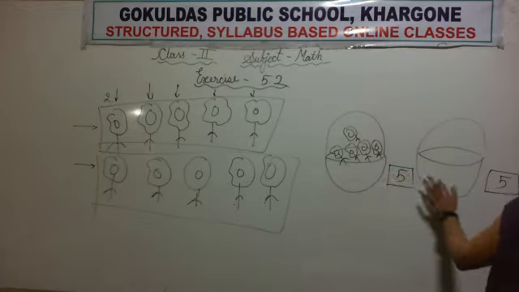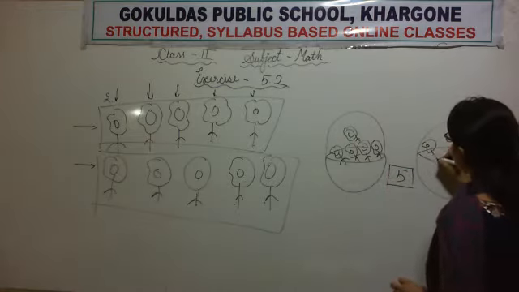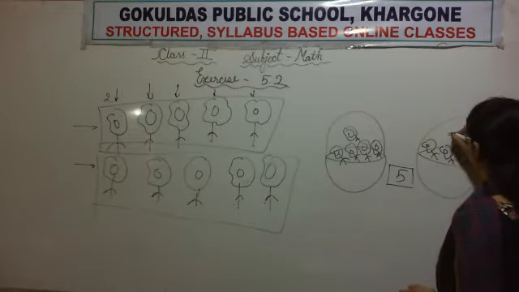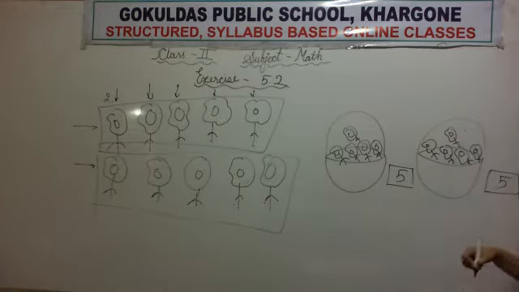Five flowers in the first basket and 5 flowers in the next basket. So all of you draw the flowers and write down the number of flowers too.